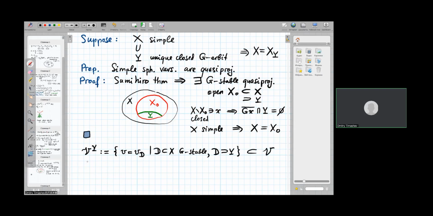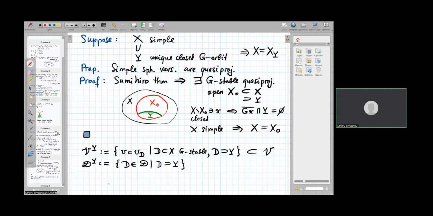The second set, denoted D over Y, is the set of colors with the same property. The set of all colors D in script D containing the closed G orbit Y. It is some finite subset of colors.